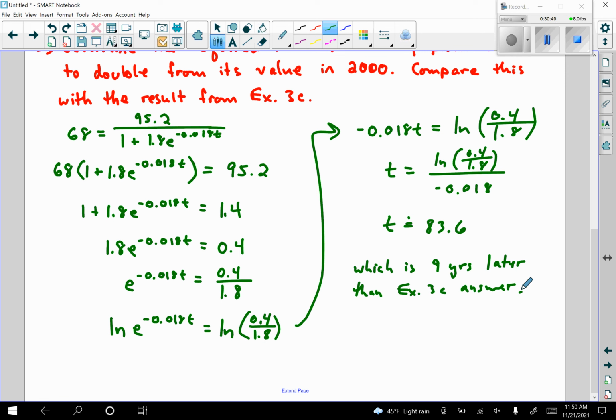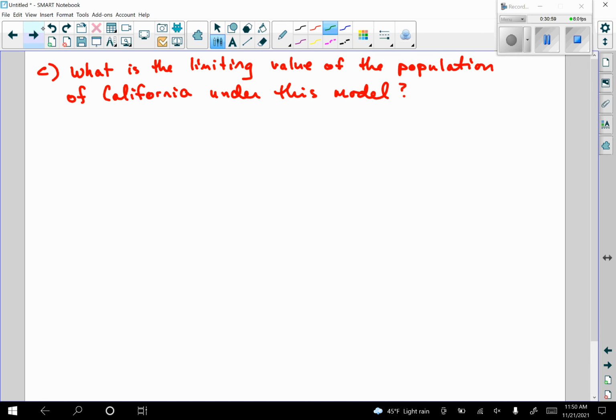And we can take a look at, when we go to answer the next question, why there could be a difference here. And then the last part is, what is the limiting value of the population of California under this model?